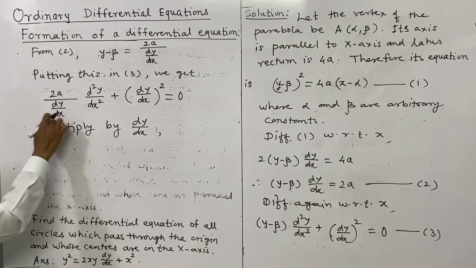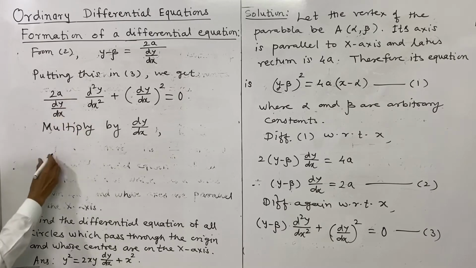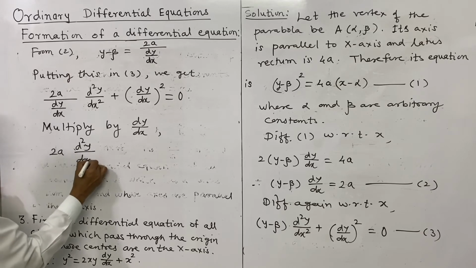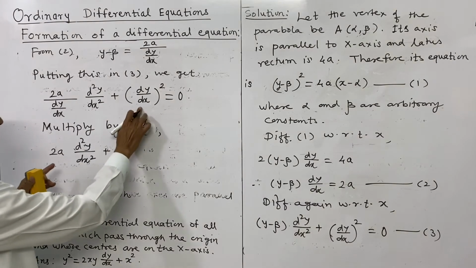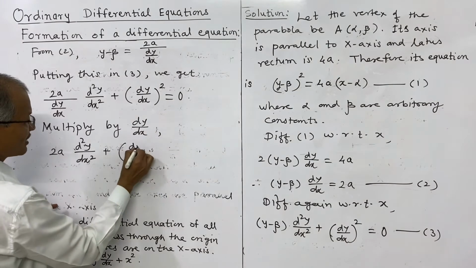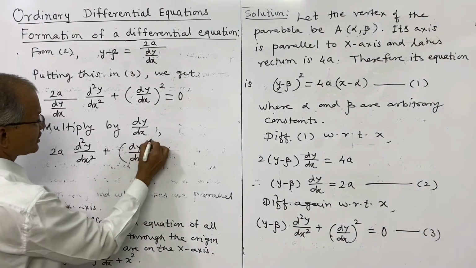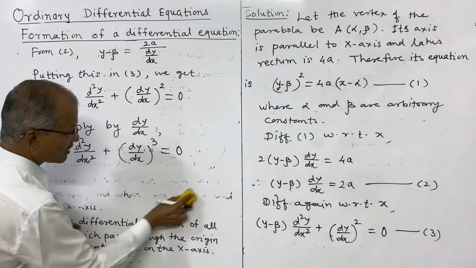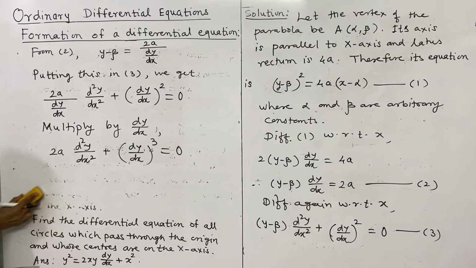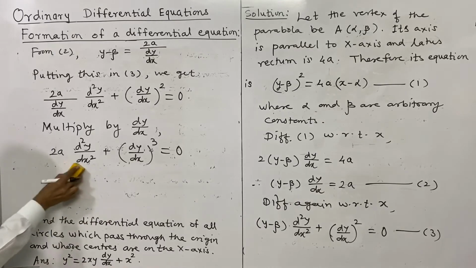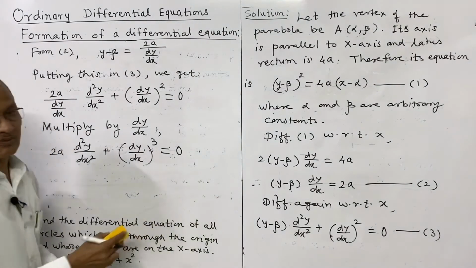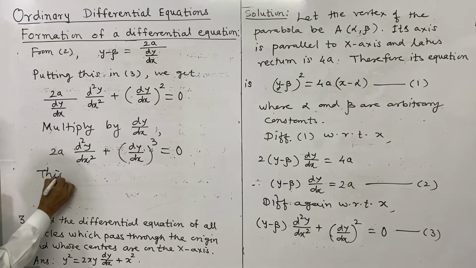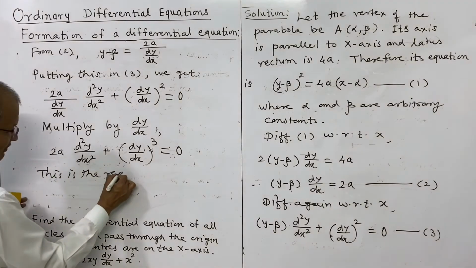This derivative term eliminates and we get 2a into d square y by dx square plus, and we are multiplying by dy by dx, so this power becomes 3, dy by dx cube is equal to 0. So thus this is the required differential equation of the parabolas having axis parallel to x-axis and latus rectum 4a. So this is the required differential equation.